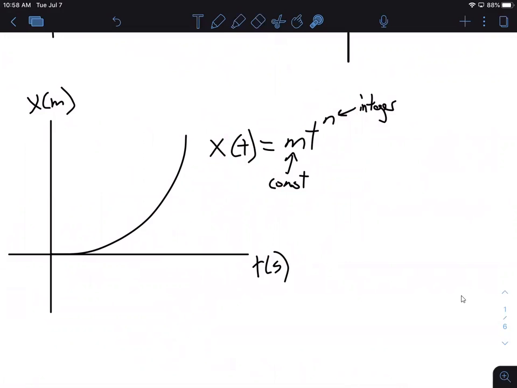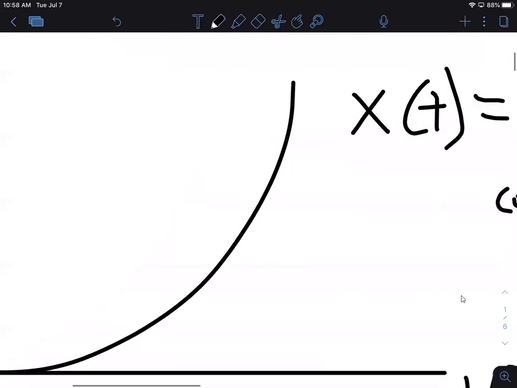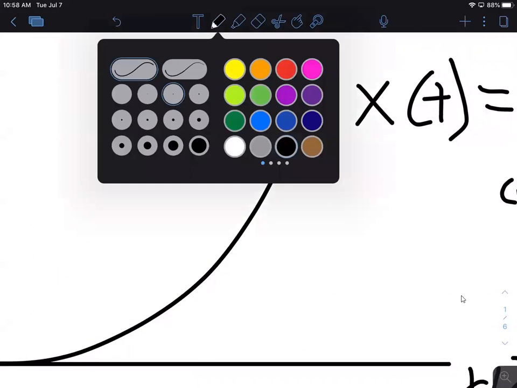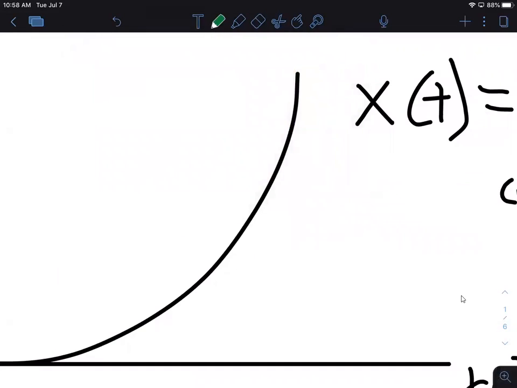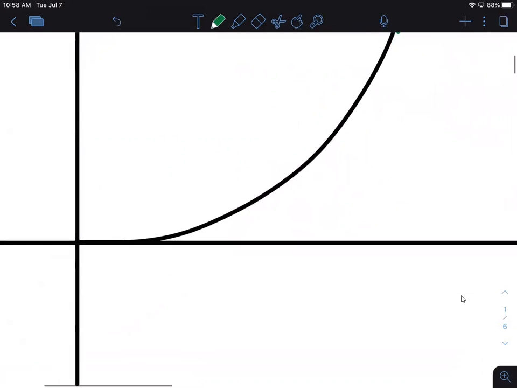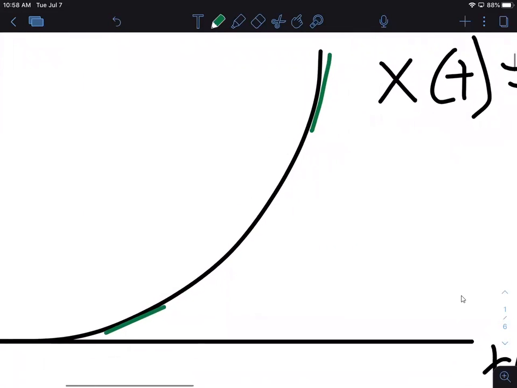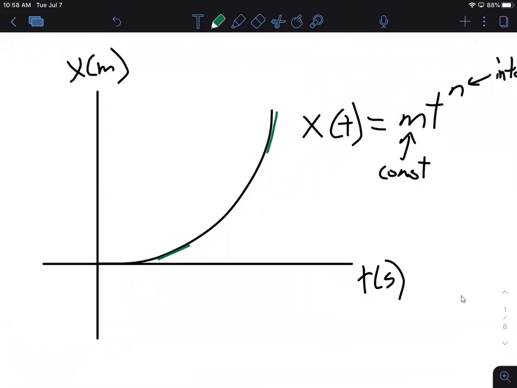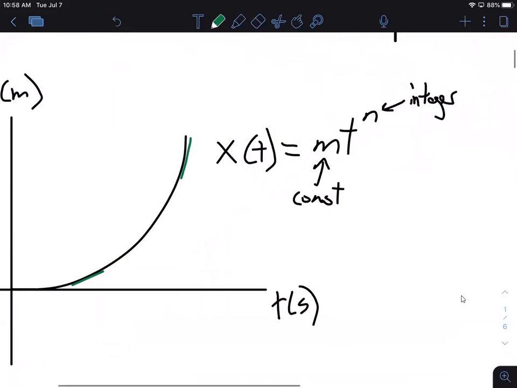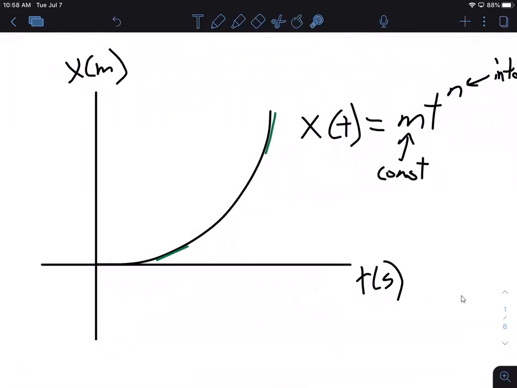And I want to be able to find out what's the velocity at any point in time here. I want a function that can tell me what is the velocity at this time, which would be the slope of the tangent line at that location. What's the velocity at this point, and so on. How can I find those things out? And finding the derivative, and the derivative is just a word for finding the rate of change of position over time at each of those points.